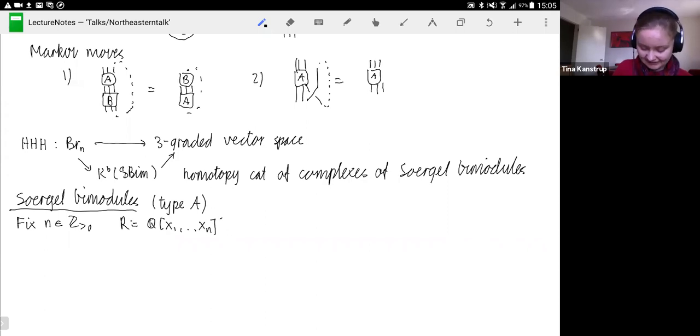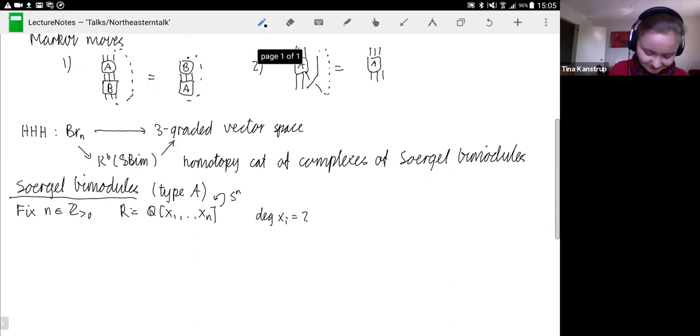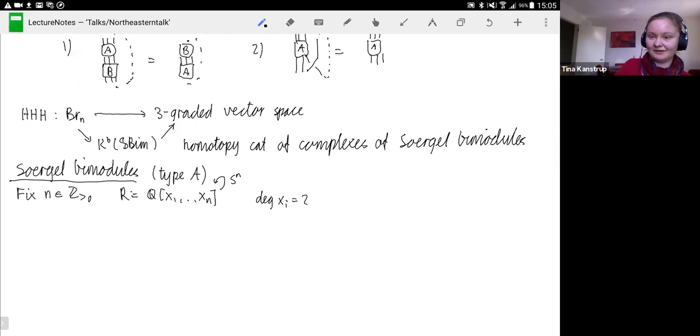And this, of course, has an SN action on it. But instead of just being the dumbest polynomial, I'll put a degree on these. And this is going to produce one of my gradings. All right, so let's take a simple transposition, the one that switches i and i plus 1.